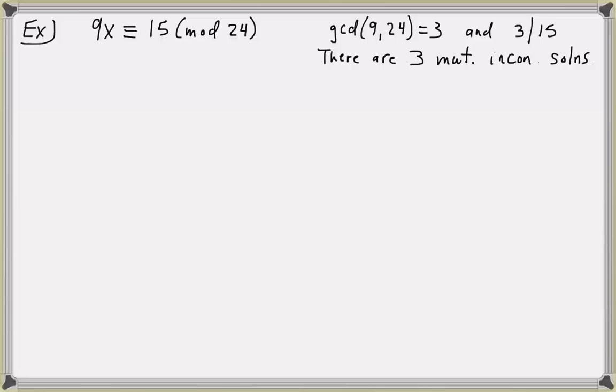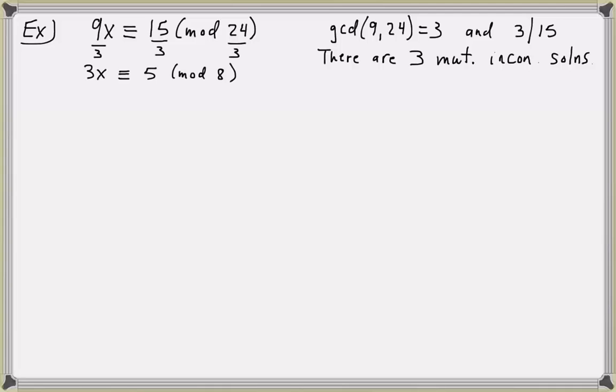Let's solve this congruence. Well, 9 and 15 are divisible by 3. So when I divide by 3, I've also got to divide the modulus by 3. It's not relatively prime to 24. So that we get 3x is congruent to 5 mod 8.